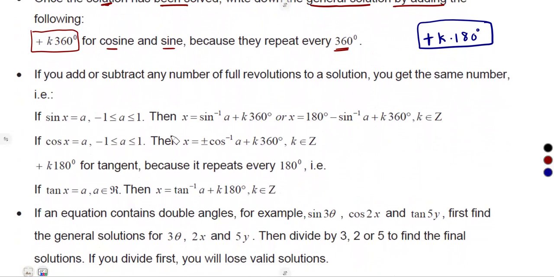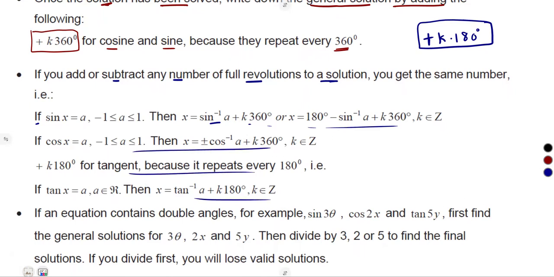If you add or subtract any number of full revolutions to the solution, you get the same number. That is, if sine of A, we talked about this, then the general solutions can be taken from that. For a tan, we talked about this, all right?